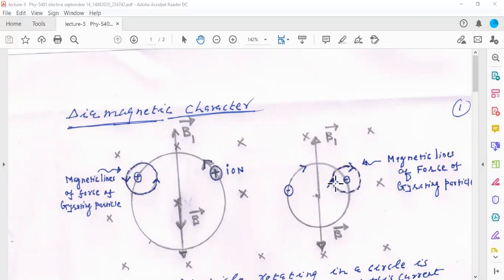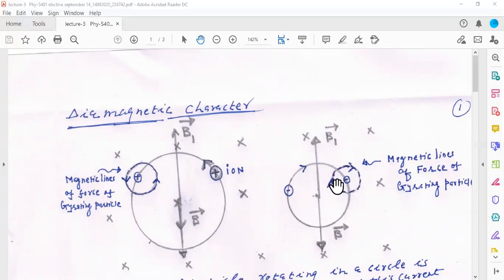So you see here the circular path of this electron, and because of this circular path you have a ring of current, and this ring of current is producing additional magnetic lines of force because of the gyration. You see the direction of the additional magnetic field produced by the gyrating charged particle.